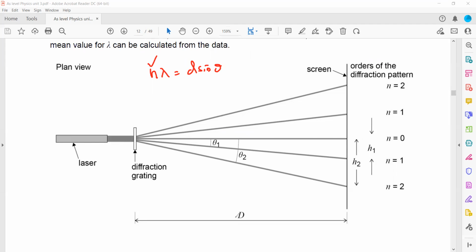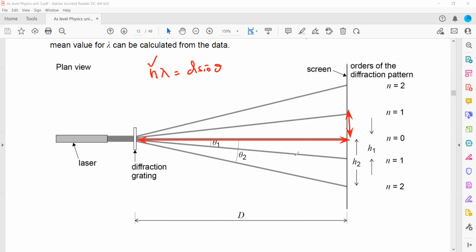What about theta? How do we get theta? We measure the horizontal distance d, and this one is h, h1 or h2 depending on which image we are focusing on. If we focus on the first image, we say h1.